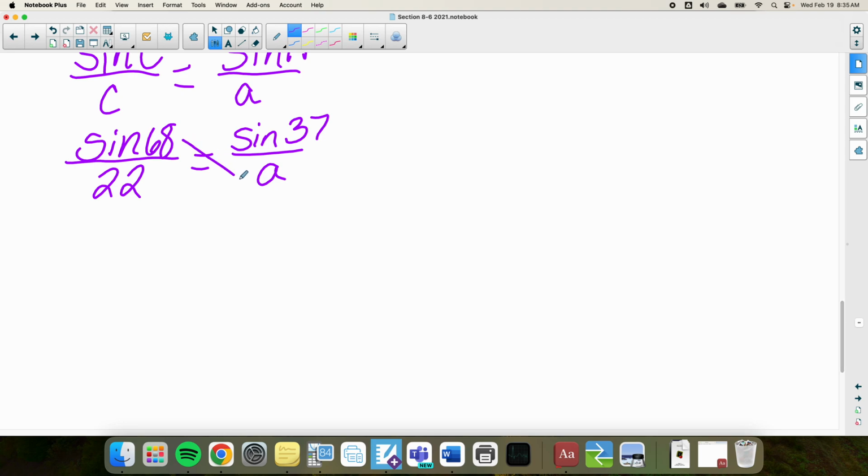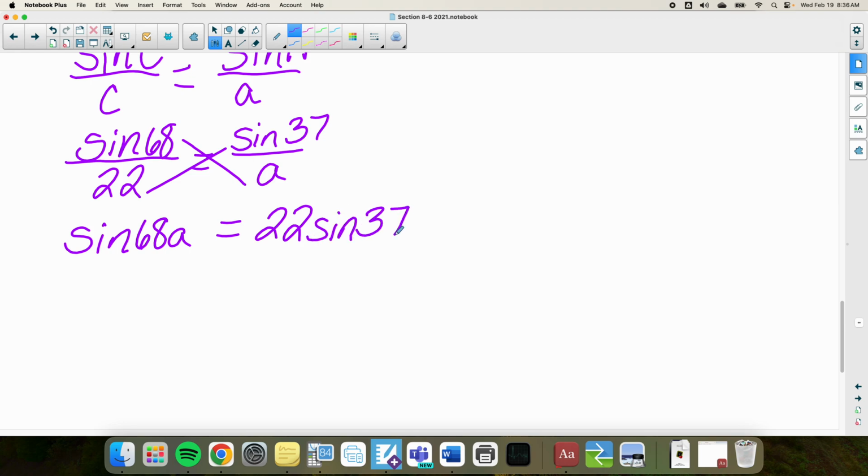So I'm going to multiply these, and I get sine of 68a. You can put the a in front or behind, doesn't matter. Then when I multiply 22 times sine of 37, I'm going to put the 22 in front. Then I'm going to divide by sine of 68.